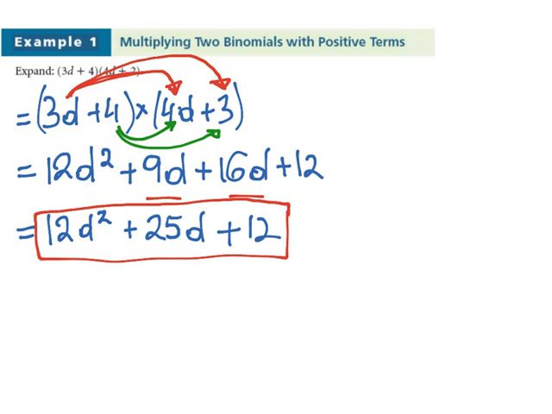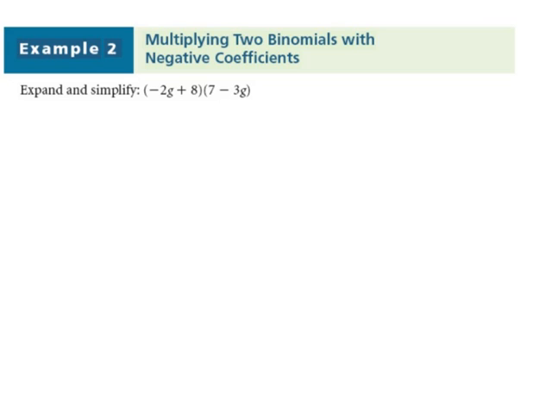Let's take a look at the next problem. We're going to expand and simplify. Notice now that we have a little bit more negative values, but the procedure is exactly the same. I'm just going to copy the first factor and then the second factor.